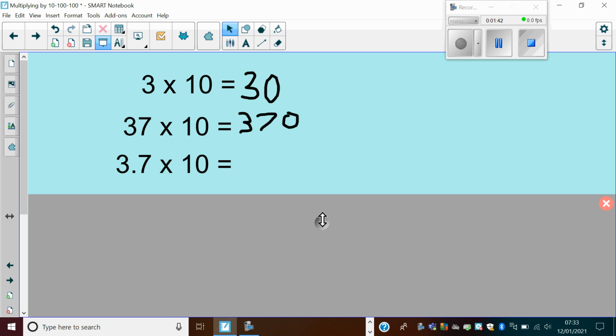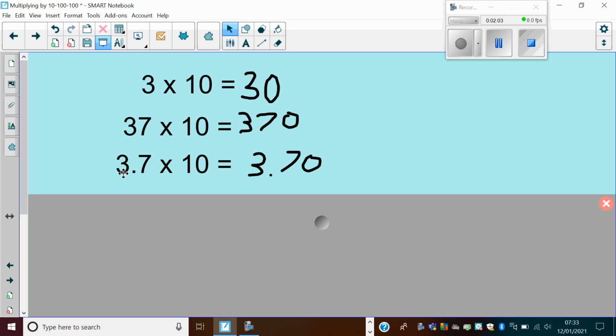For example, 3.7 times 2, if we simply said that we simply put a 0 on the end, we would have 3.70 as our answer.